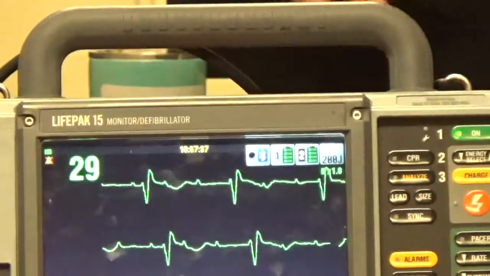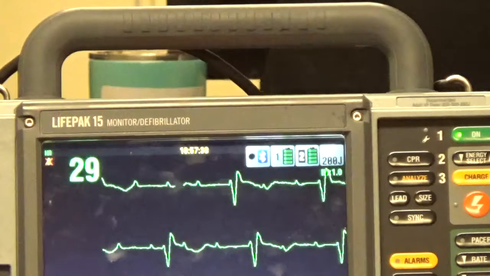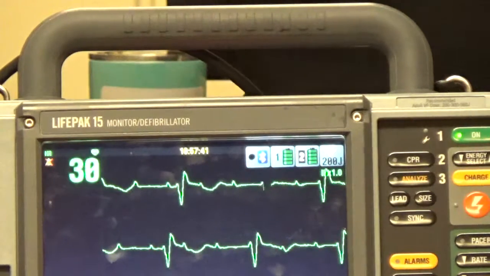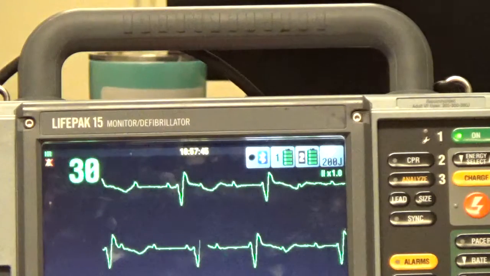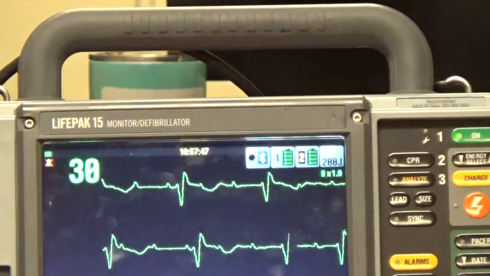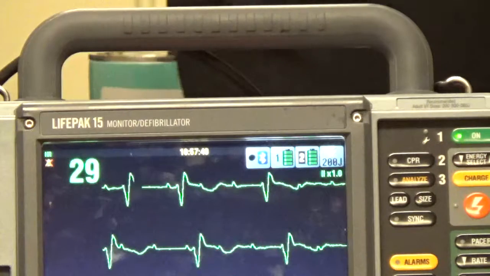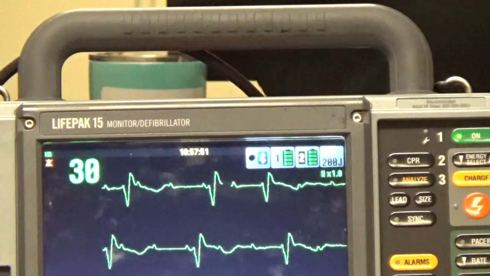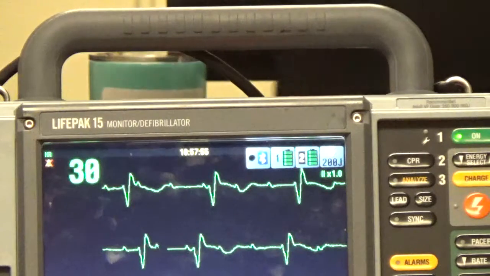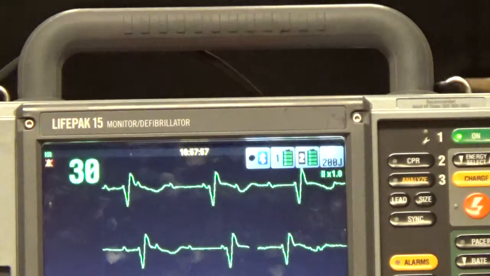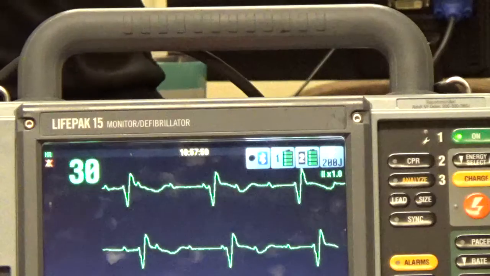In the medical world, we also call that a complete dissociation, an atrial and ventricular dissociation. That means the atria are doing their own thing and the ventricles are doing their own thing, and there's no correlation with each other. Your atria are firing at normal SA rates, 60 to 100, and your ventricles are going to fire at their normal 20 to 40 beats per minute.